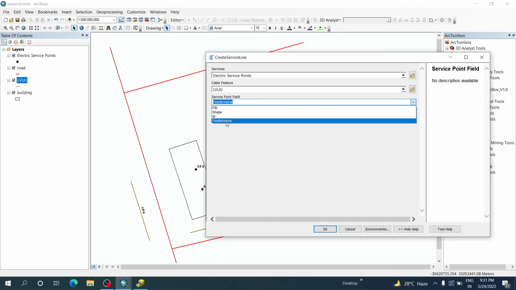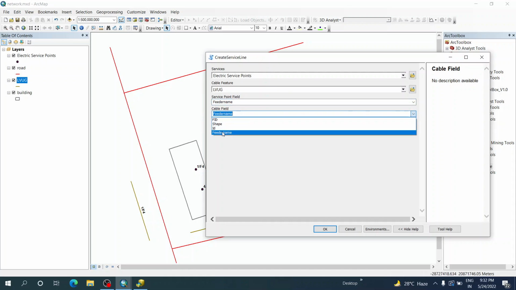In the service point field, select the concerned field from the service point feature class, and in the cable field, select the field that is in the LVUG feature class. So this will build a relation.